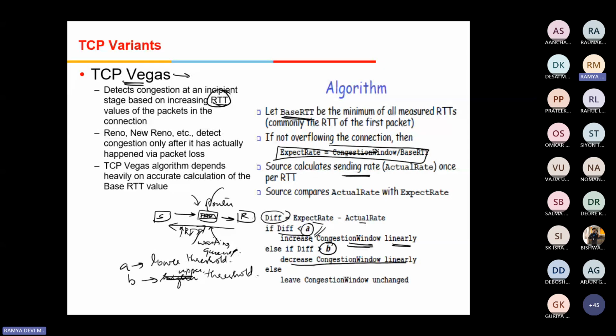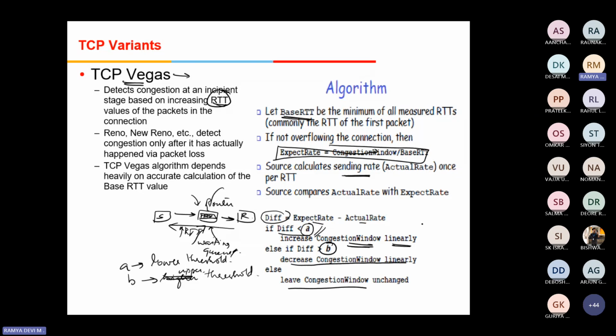If there is no congestion, I can increase. The congestion window is adjusted based on the difference between these two thresholds. If both are the same, nothing will happen; it will leave the congestion window unchanged.